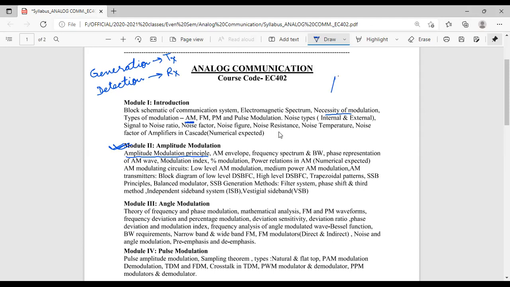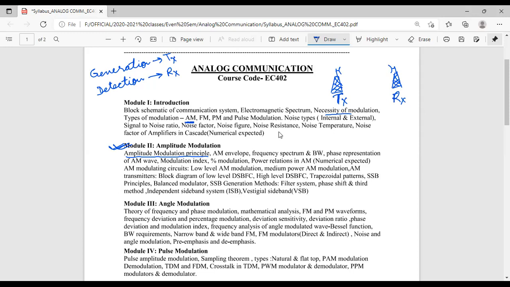So there will always be two things, one is the transmitter and another is the receiver. Always, there is an antenna here and here is also an antenna. So this is the transmitter side and this is the receiver side.